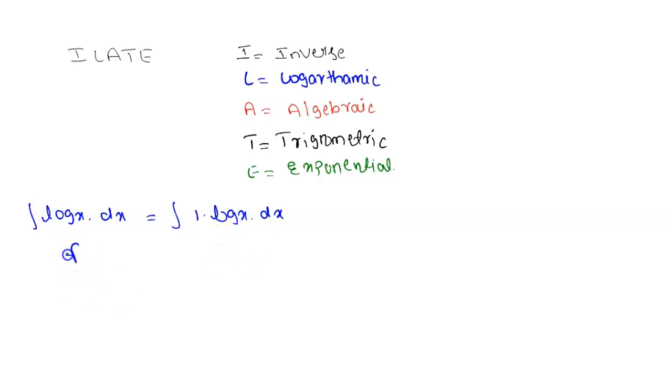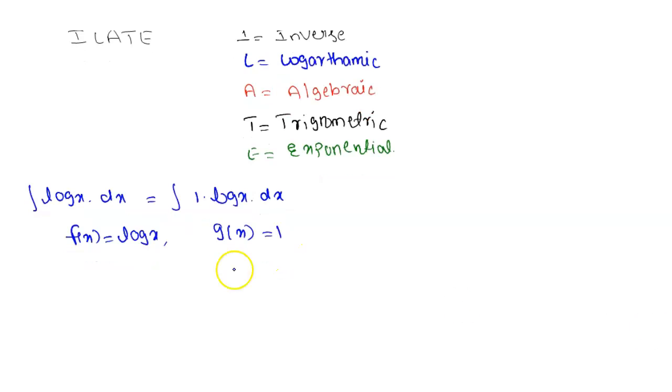So by order of preference, f of x is equal to log x and g of x is equal to 1. Differentiating, f dash of x, the derivative of log x, is 1 by x, and for the second function we take the integration of g of x dx, which is nothing but x.